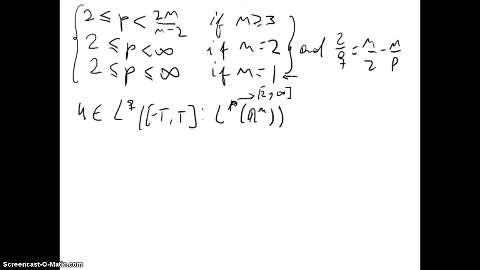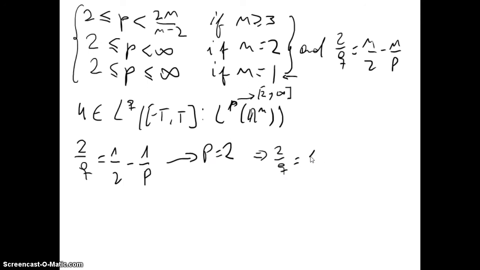What about q? Well, in this case we know that n is equal to 1, then we will have that 2 over q is equal to 1/2 minus 1/p. So if p is equal to 2, then we will have that 2 over q is equal to 0, and if p is equal to infinity, this says that q can be infinity.